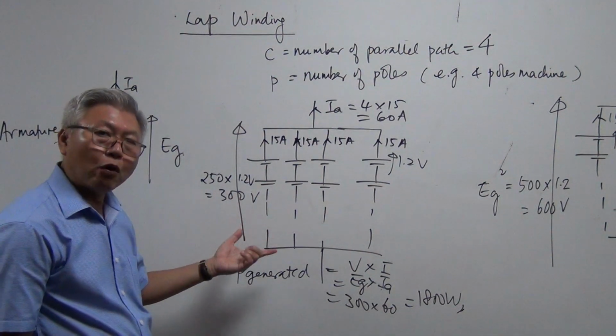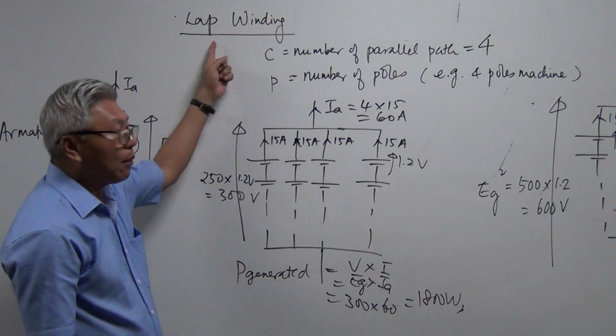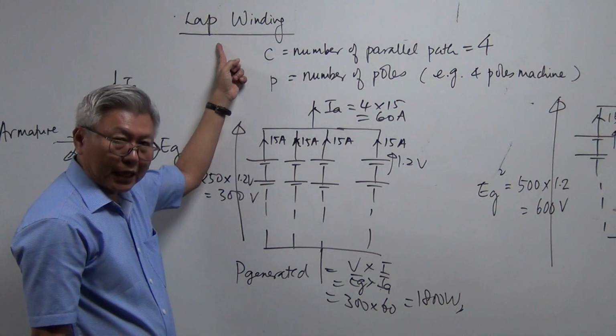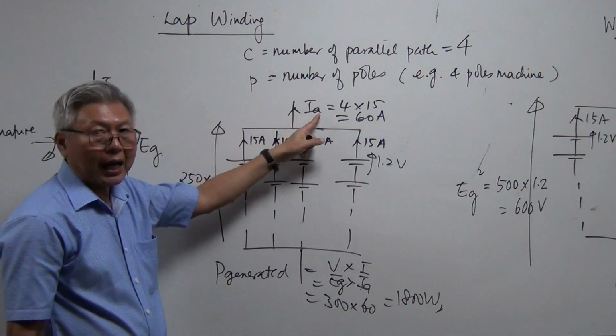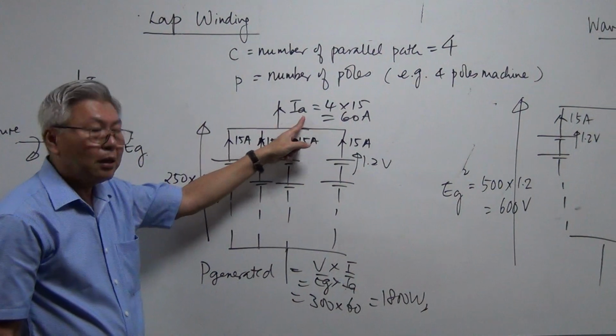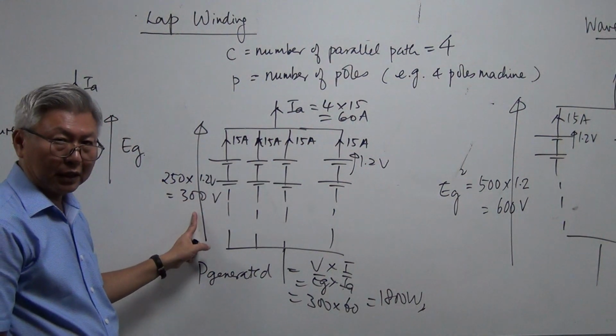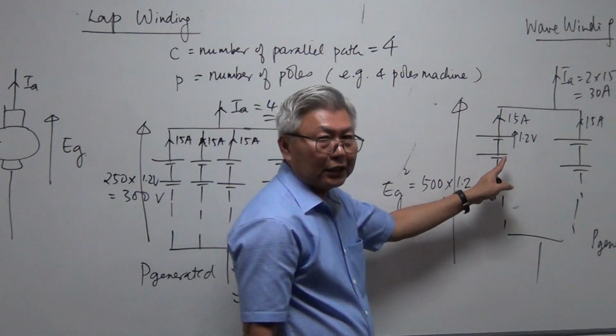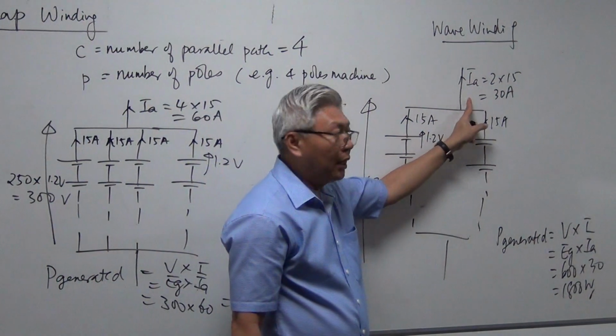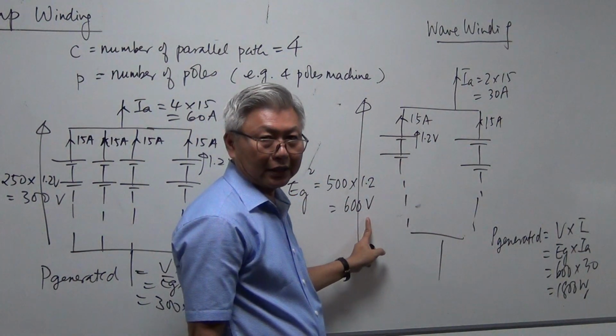So can you therefore conclude that for a lap winding generator, you will produce a generator with a higher current but lower voltage generated, whereas for wave winding, you have a lower armature current but higher voltage generated.